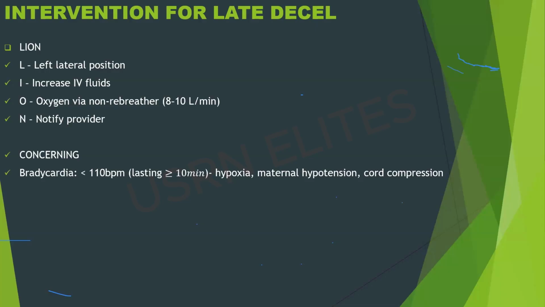Deceleration, as I said, is a temporal thing. So deceleration means that we are getting it for less than 10 minutes, and once we intervene, it goes. But with bradycardia, it's lasting for more than 10 minutes.